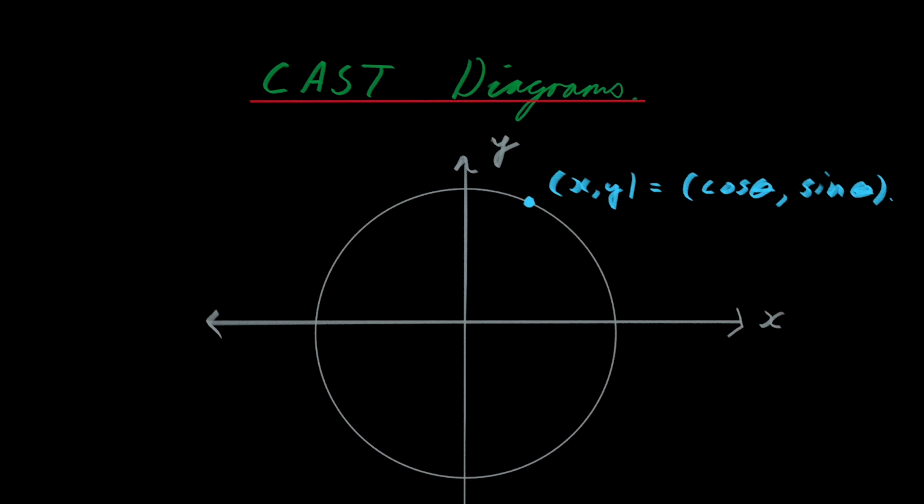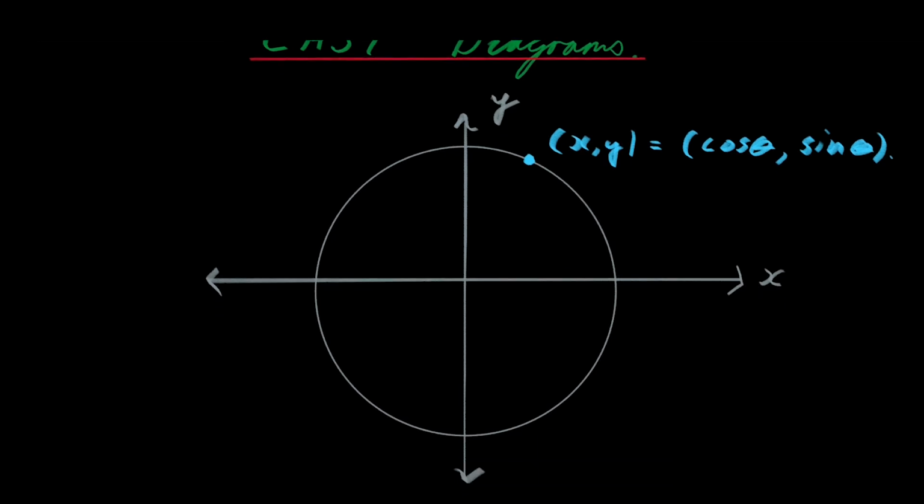Now we need to know in which quadrants of the Cartesian plane our trigonometric functions are positive and negative. So what we are going to do is consider the different quadrants. So here's the first, second, third, and fourth quadrant of our Cartesian plane.